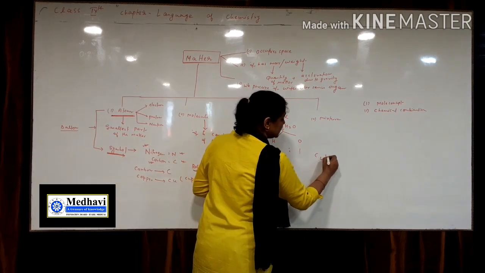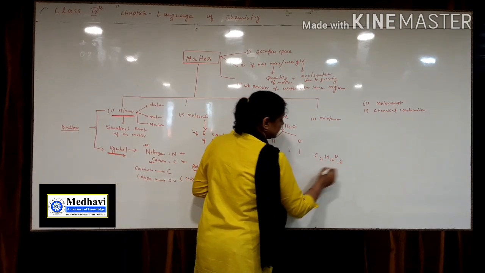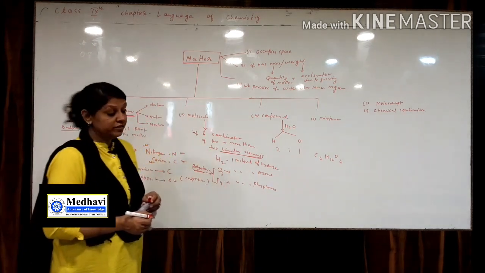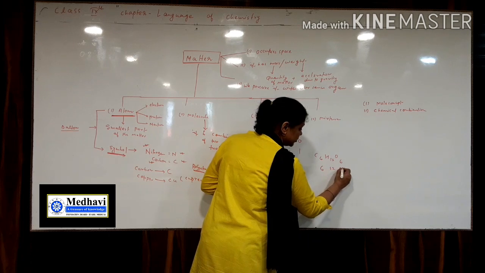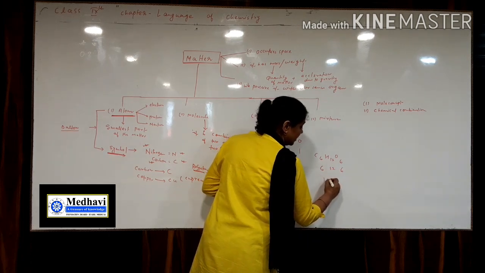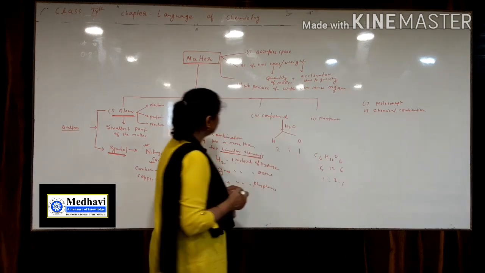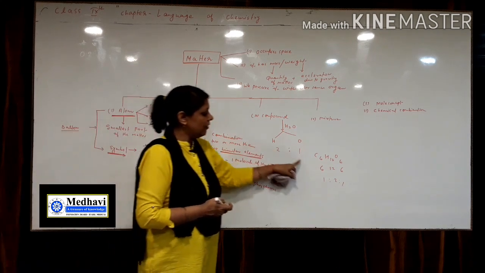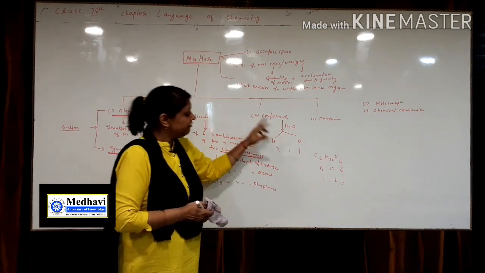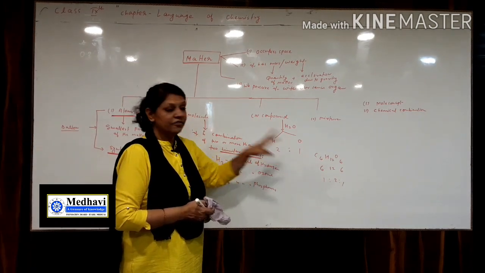Anything which has two or more than two different atoms and they are present in a fixed ratio, it behaves as a compound. So you can distinguish that in molecule we use similar elements, and in compound we use different elements having a fixed ratio.